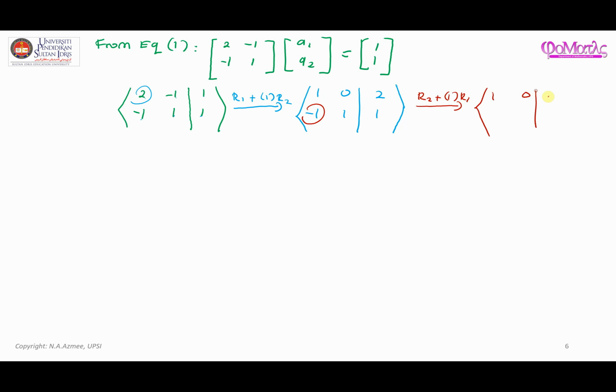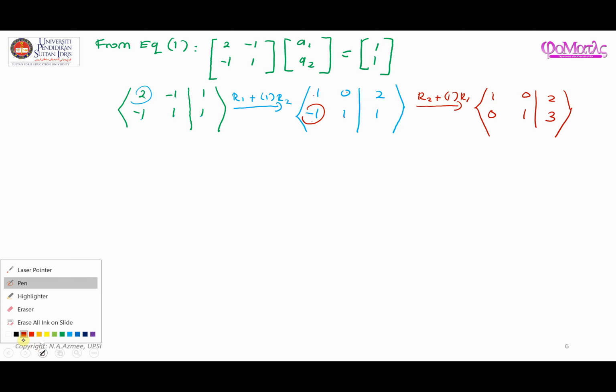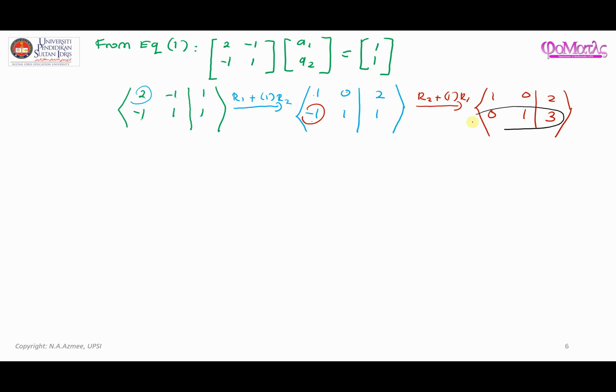So 1, 0, 2. Negative 1 plus 1 is 0, 1 plus 0 is 1, 1 plus 2 is 3. Well, based on that, I can clearly see that here is a1 and a2, so a2 is equal to 3, and then a1 is equal to 2. So I got the answer straight away.